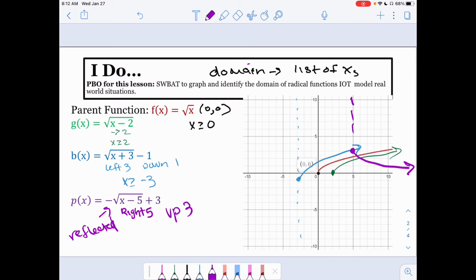Now it has a domain of all of the x's greater than or equal to 5. Basically take what's under the radical and set it greater than or equal to 0.